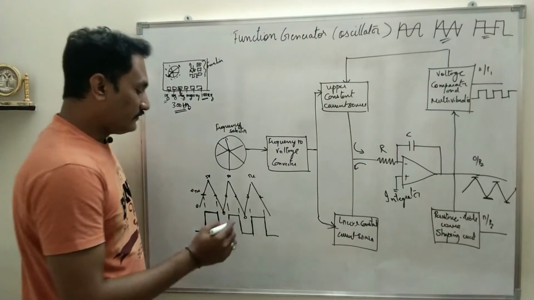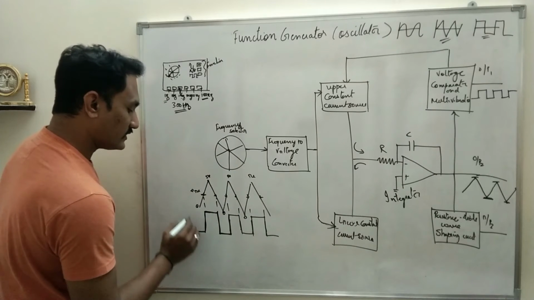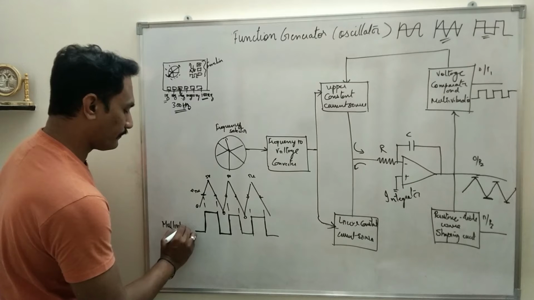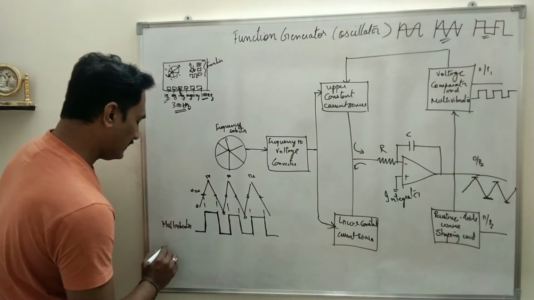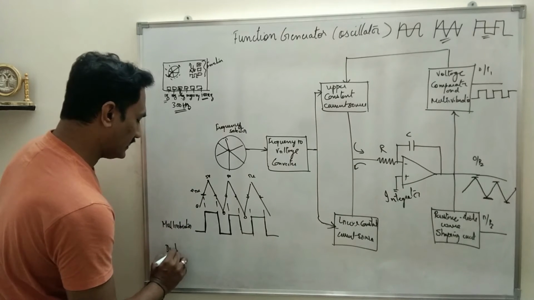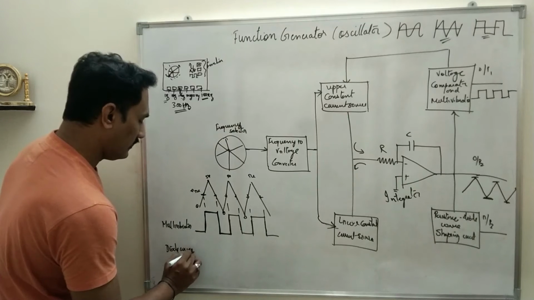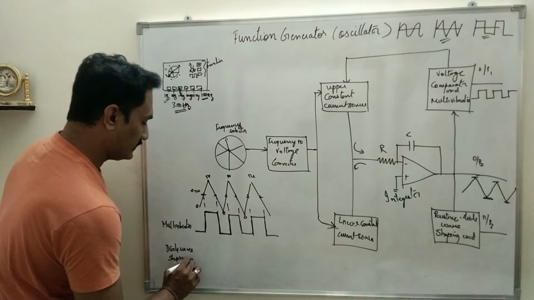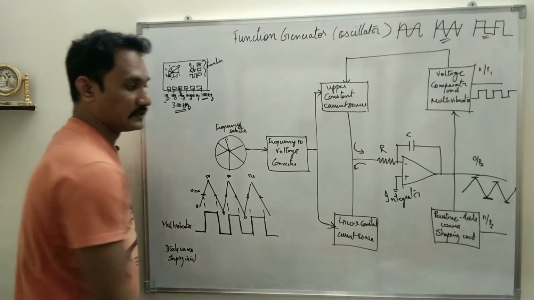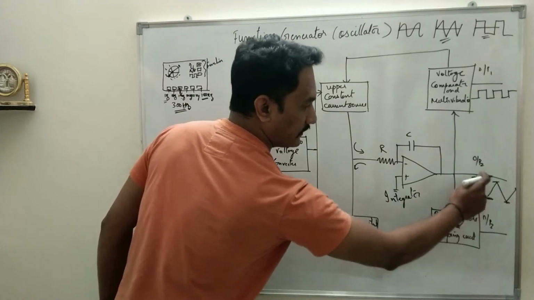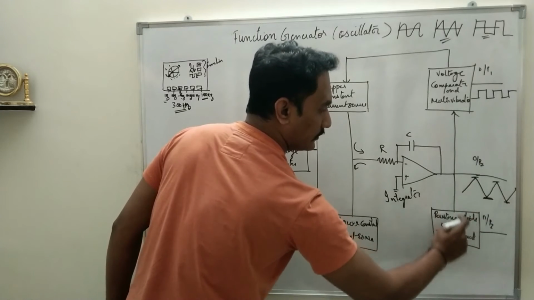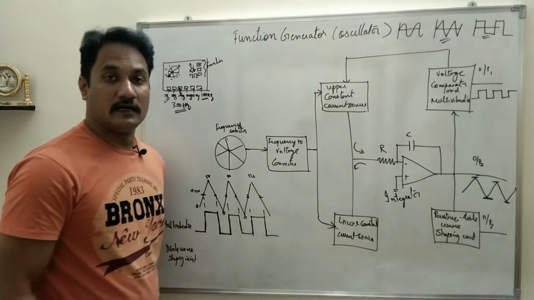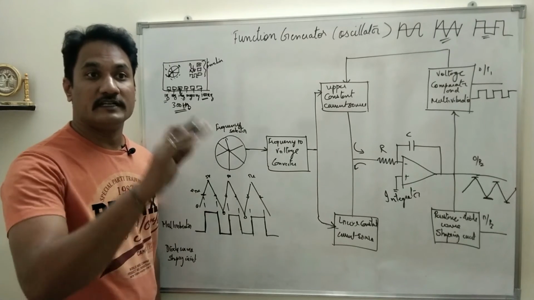Okay, and this is the output of the multi-vibrator. If the same triangular input is provided to the diode wave shaping circuit, now a diode is a device where the output increases exponentially.